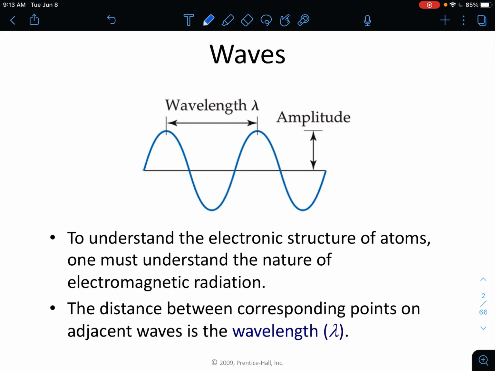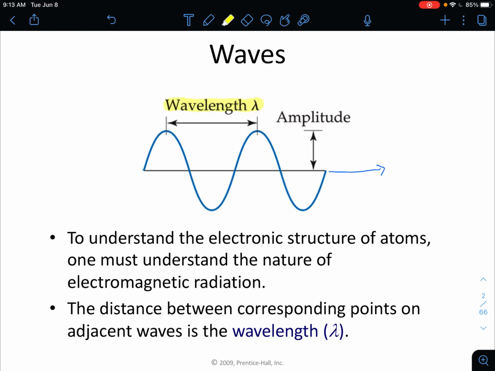Let's start by imagining that this is a wave and it's traveling in this direction. You can imagine it like an ocean wave where there are crests and valleys, and it's traveling in a particular direction. If we consider a wave, there are 2 parameters that we want to think about initially.